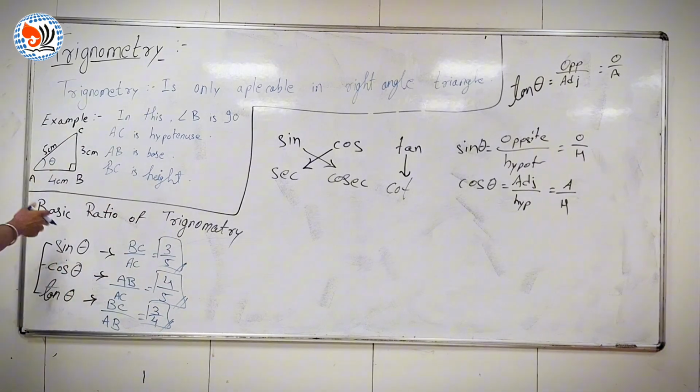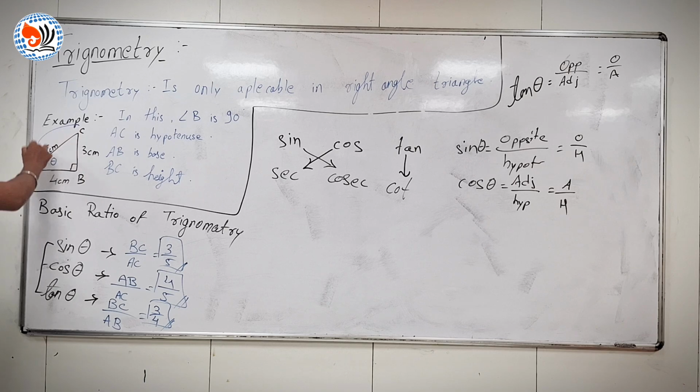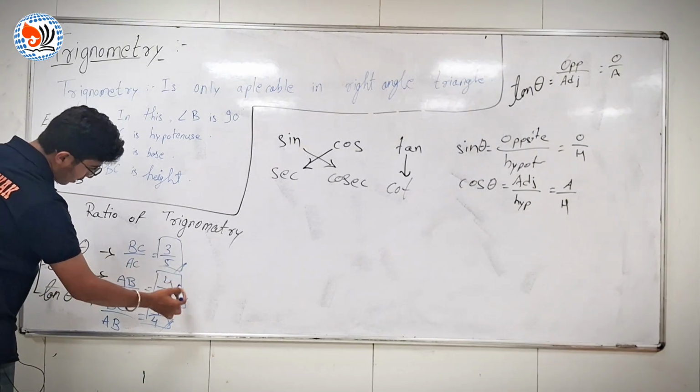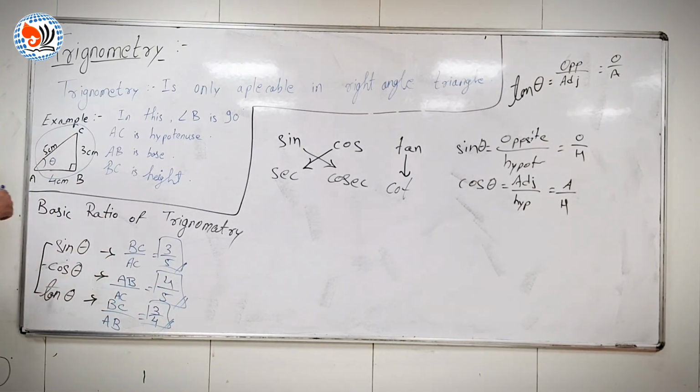The values of sine, cos, tan in this example are 3 by 5, 4 by 5 and 3 by 4.